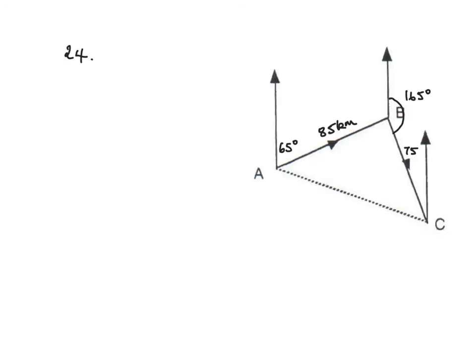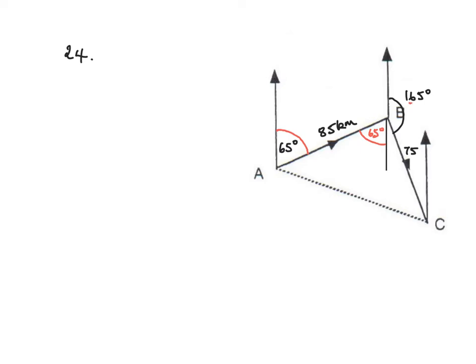Question 24. I've added the data. First thing I want to do is add a line in this position inside the triangle. Now this here is 65 degrees and that makes a Z angle with this, so that must be 65 degrees as well.